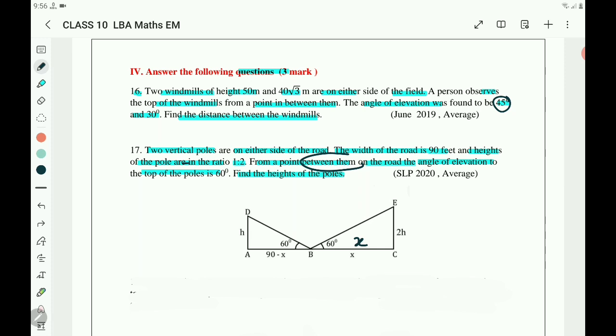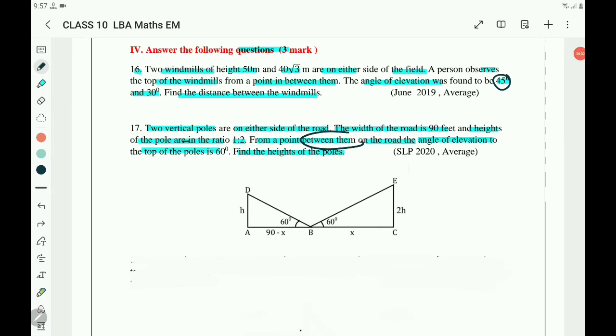Here we have to find the value of x. Again we have to use the trigonometric ratio. To find the height of the pole, you must find the value of x. Without getting the value of x, it is not possible to find the height.